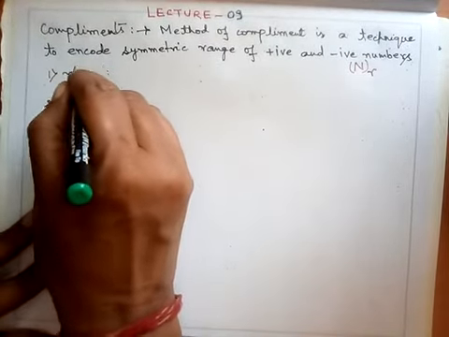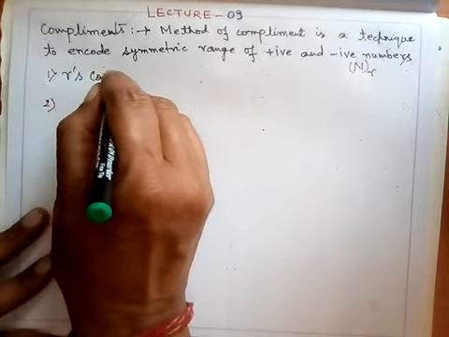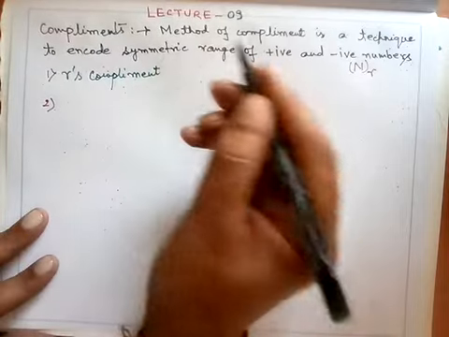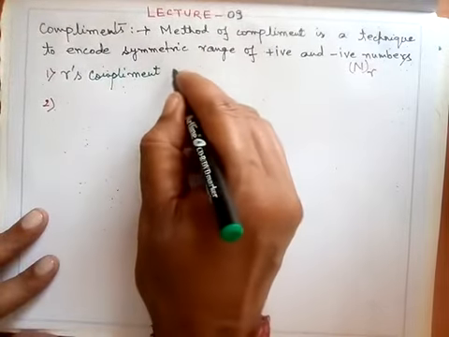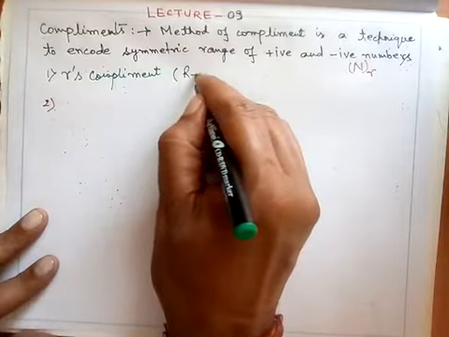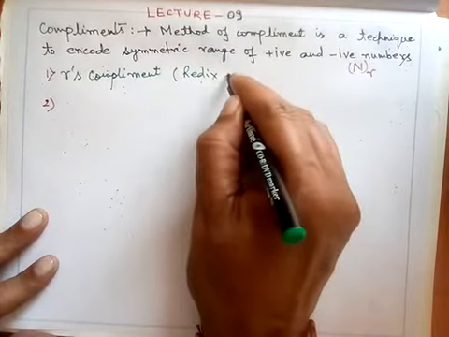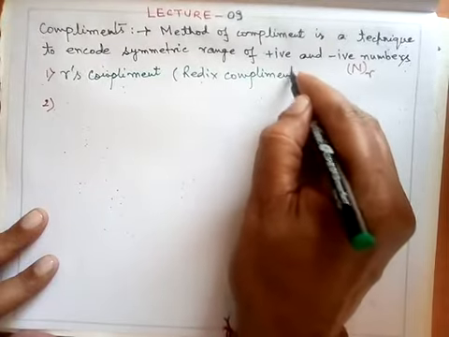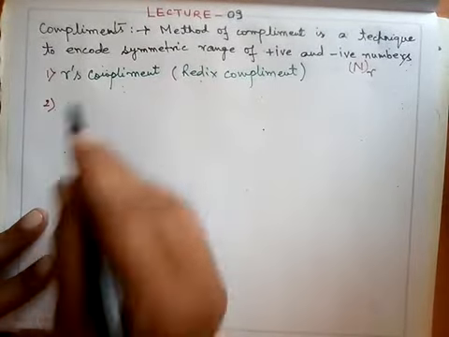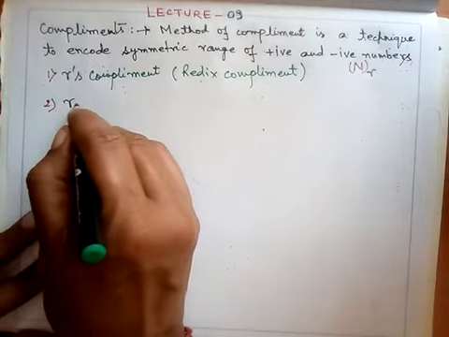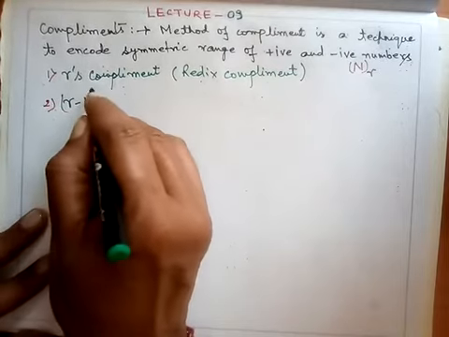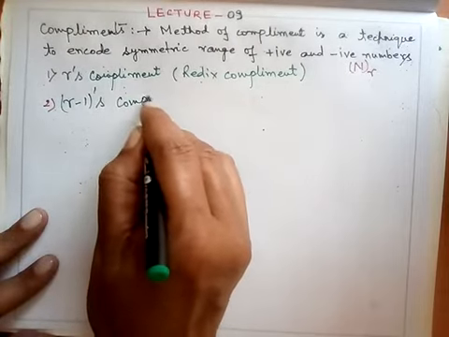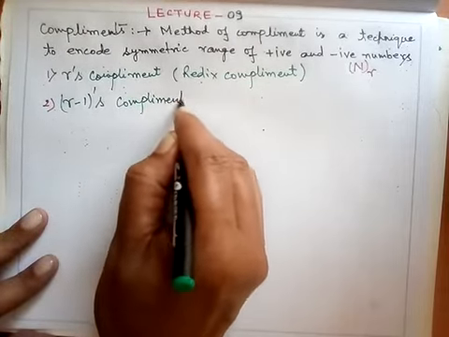It is called R's complement, or sometimes it is simply called radix complement. The same thing, radix complement. And another complement is called R minus 1's complement.